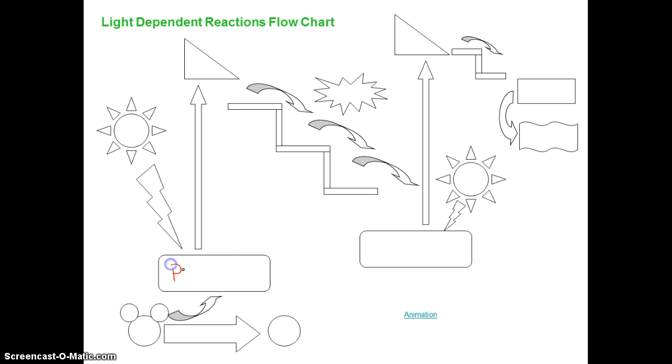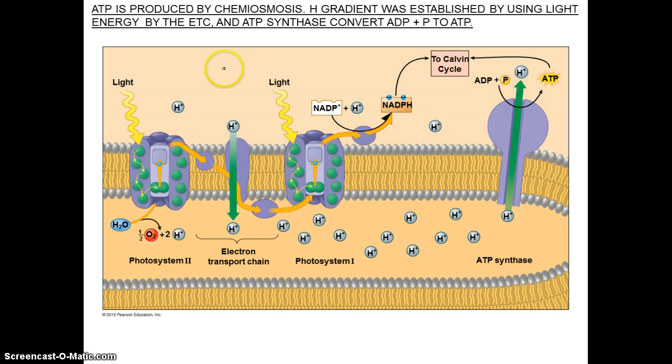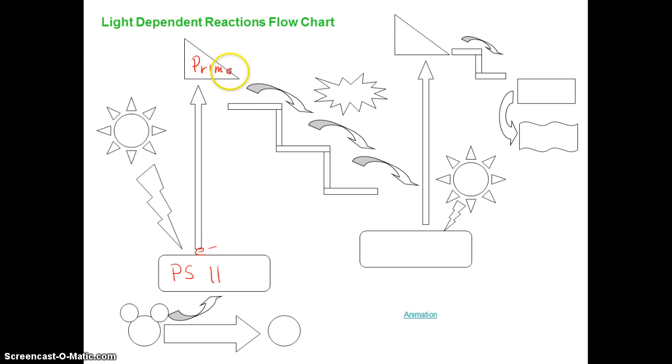So first it hits photosystem 2, all right, and here the electrons get excited, and those excited electrons will get accepted by a primary electron acceptor, and we'll call it P for short.